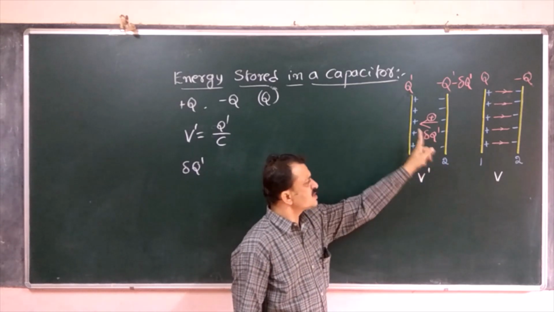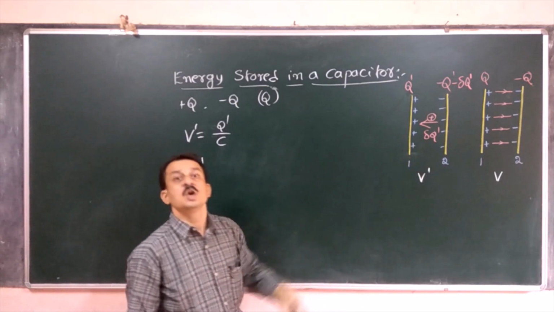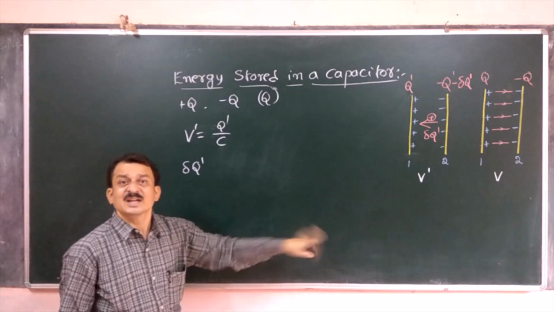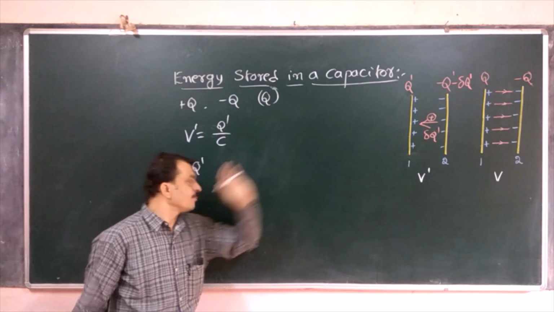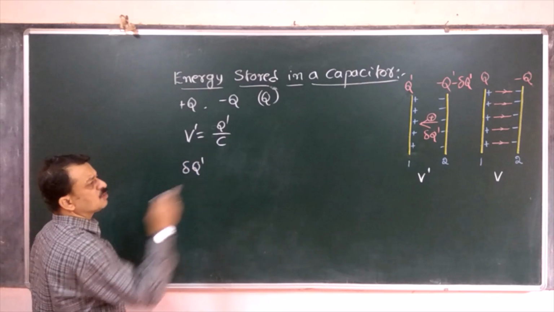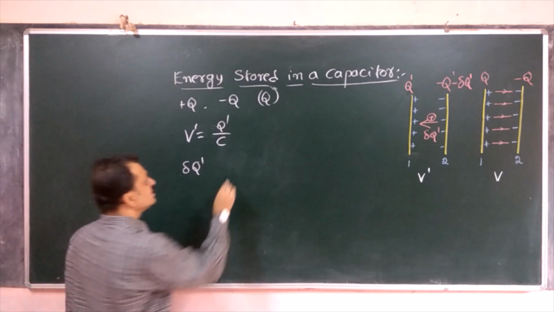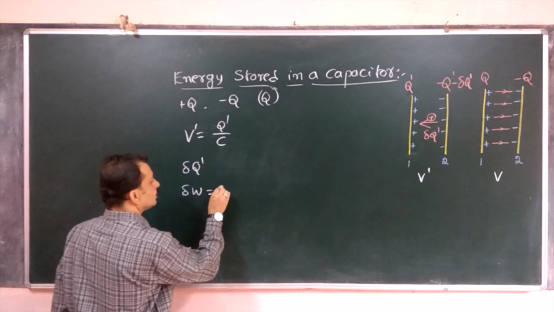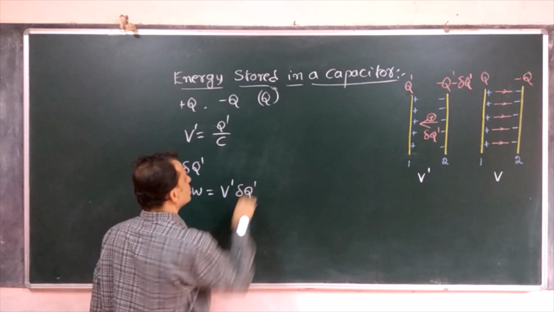In order to move this amount of charge, work has to be done. Now work is done by the external potential, that is the external battery or power supply. Therefore, the small amount of work done in moving this small amount of charge is delta W equals V dash into delta Q dash.